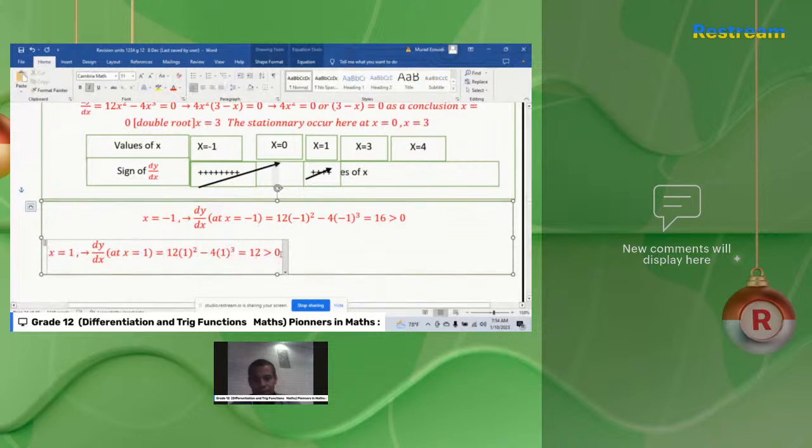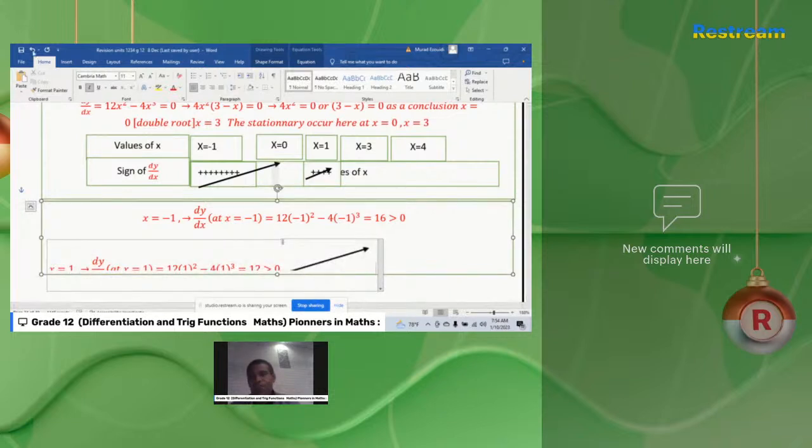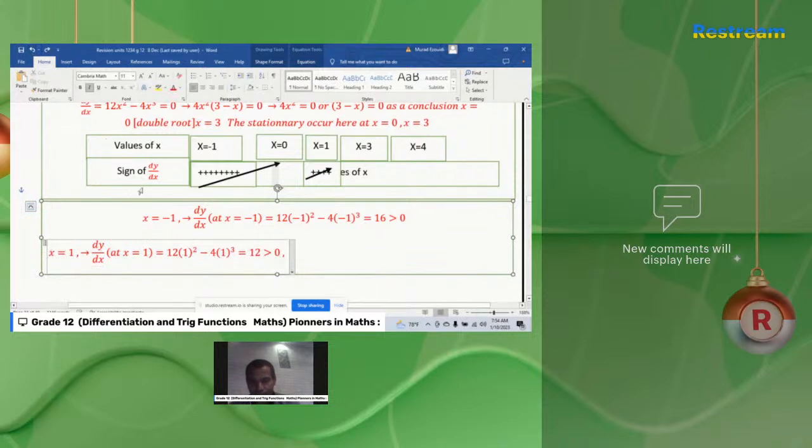Now the next case, the third case, is when x equals 4. I'll check the sign of dy with respect to x.